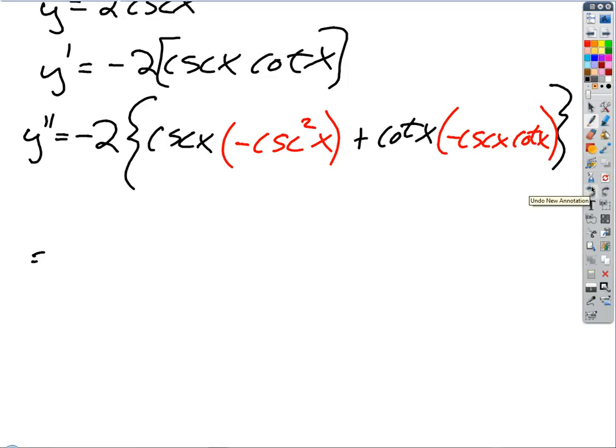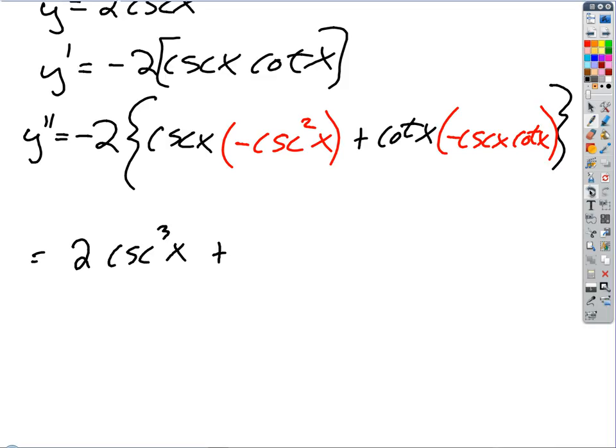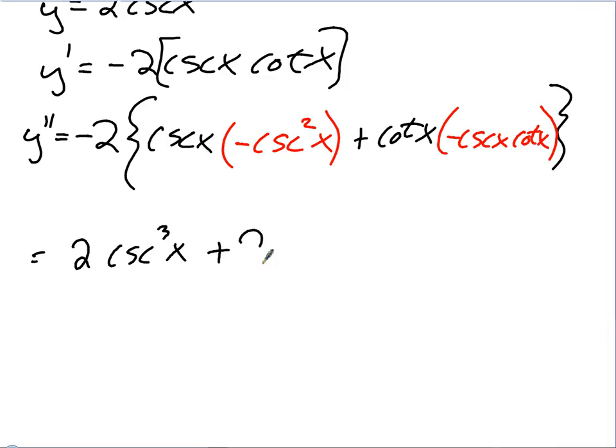So we're going to get positive 2 cosecant cubed x, plus 2 cotangent squared x cosecant x. Okay, that seems like that, to me that should be probably fine, but it's not. They want you to go a little further with this.